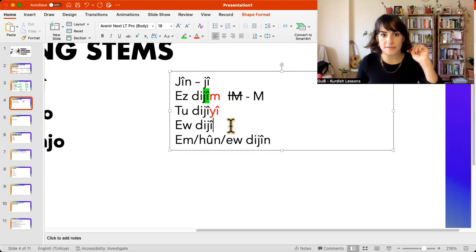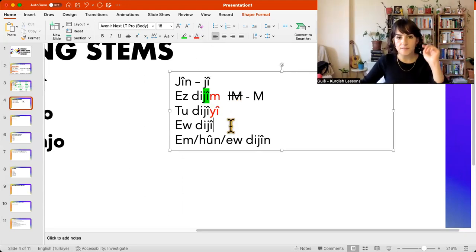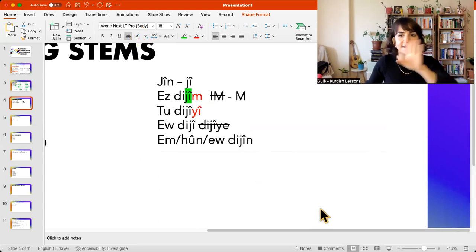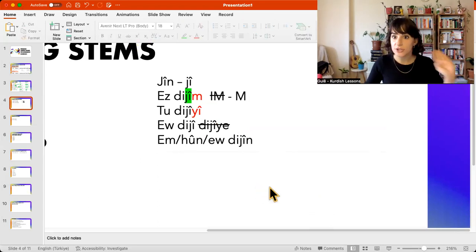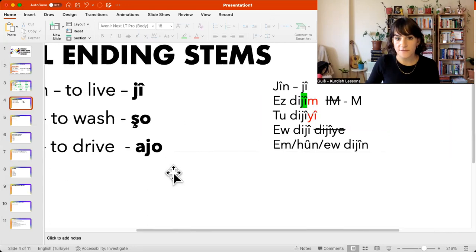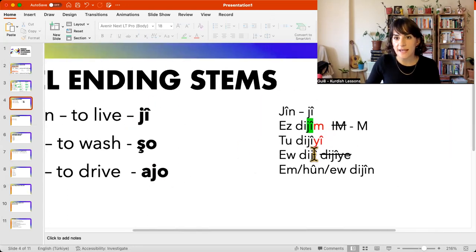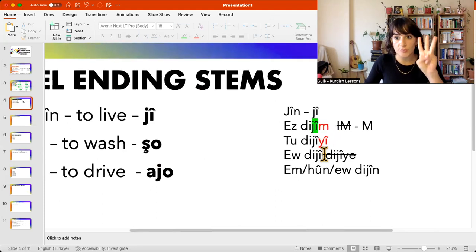And this is important. Third person singular doesn't take anything. You don't say ev dijie. No, it's very wrong. It's a disaster. Okay, don't say that. So if you have a verb with a vowel ending, you never add anything to your third person singular.